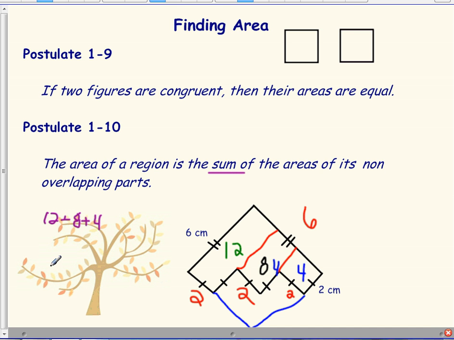And that would be 24. And then to tack on our units, we have centimeters. And since we did find the area, it would be squared. Okay? So that concludes our lesson today about area, perimeter, and circumference.